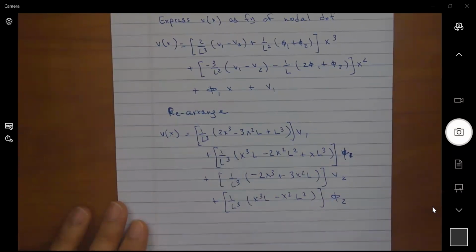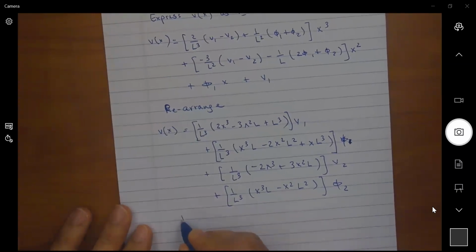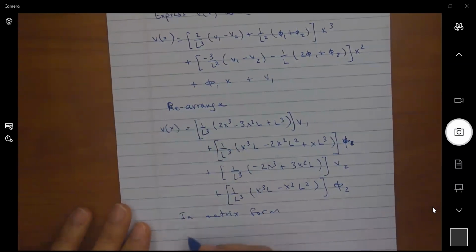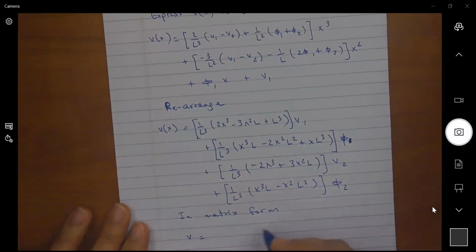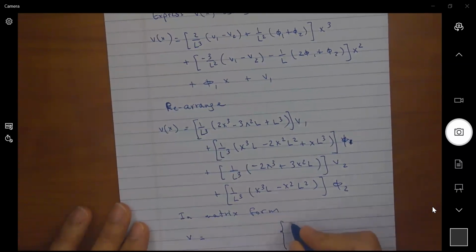So what does this remind us of? Shape functions, right? So in matrix form, we can relate this v of x to the nodal displacements v1, phi1, v2, and phi2 via 4 shape functions, N1, N2, N3, and N4.